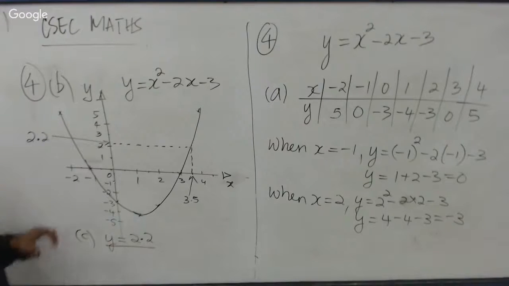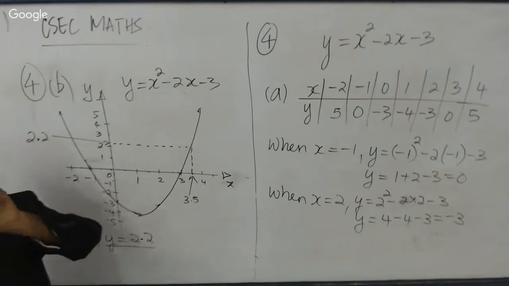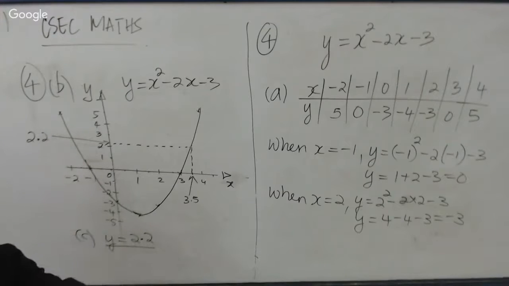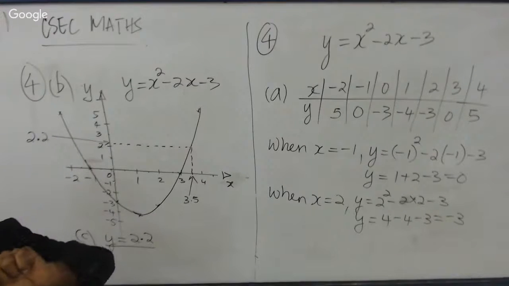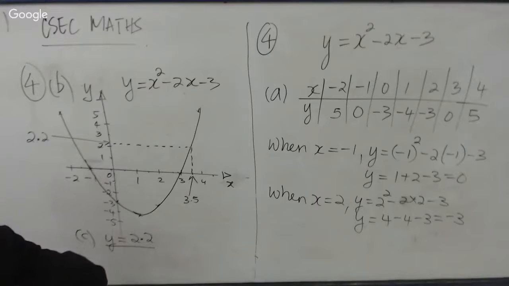What is 2.2, by the way? 2.2 is the first mark after 2. Because if 1 centimeter represents 1 unit and you have 5 boxes, 5 marks, each one is 1/5 or 0.2.